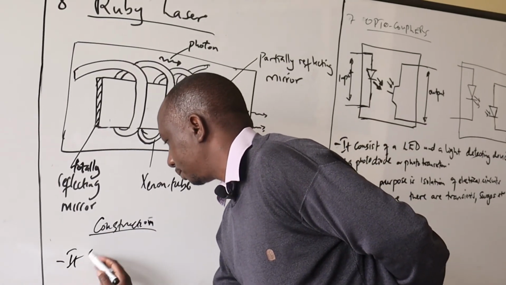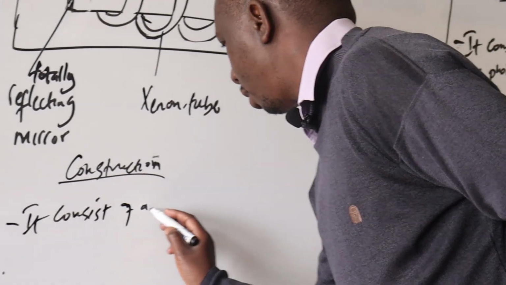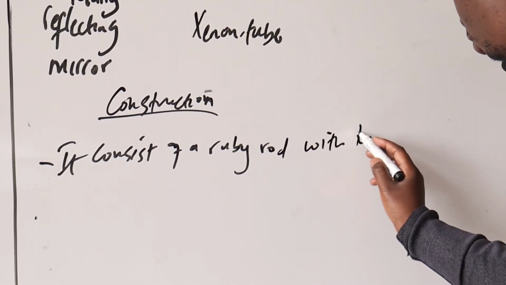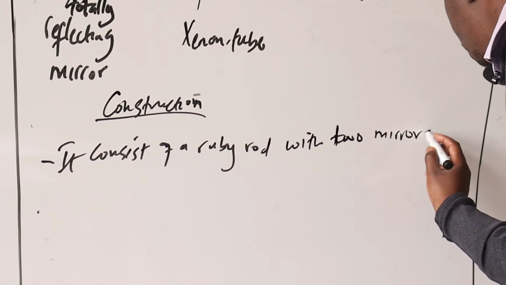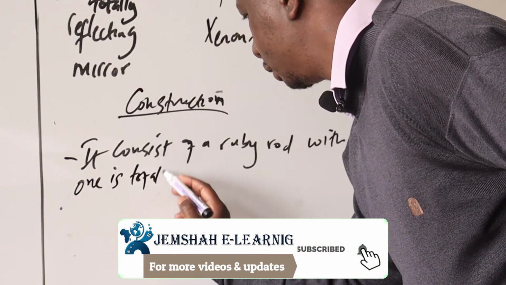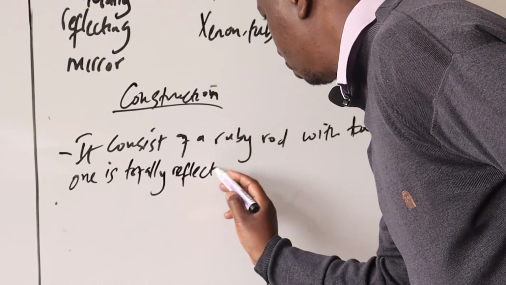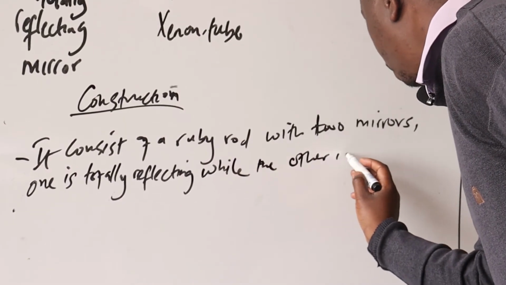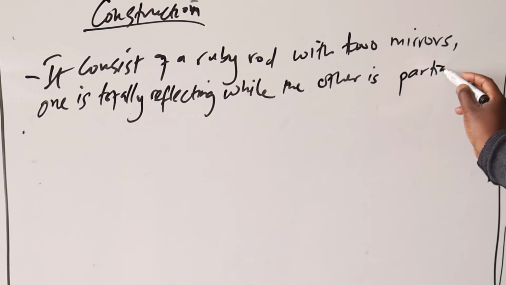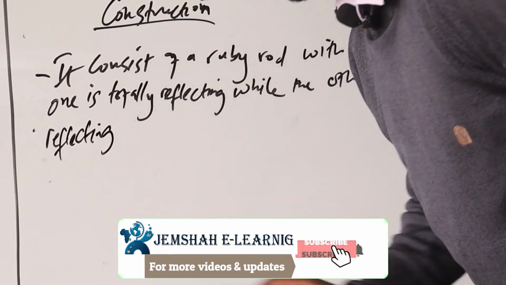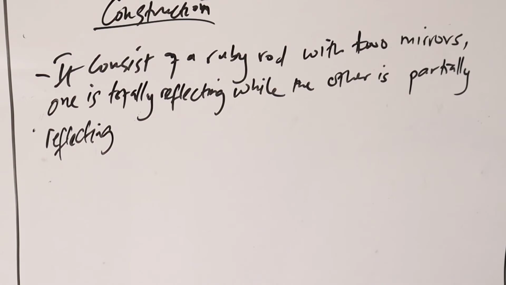And we said it consists of a ruby rod with two mirrors, one is totally reflecting, while the other is partially reflecting. So you go to the operation.